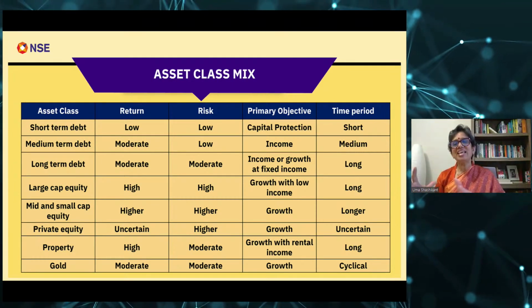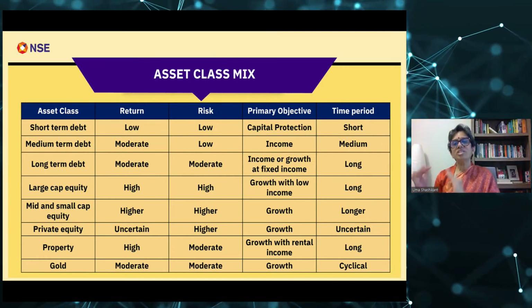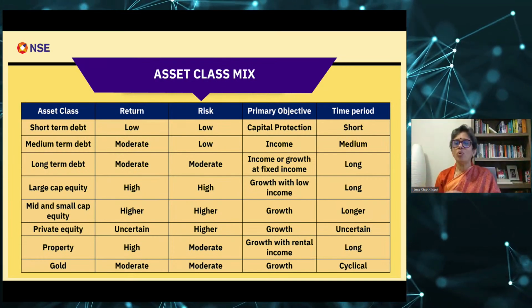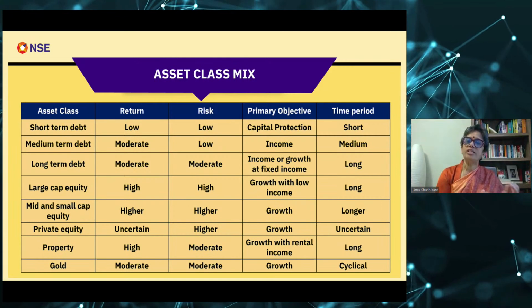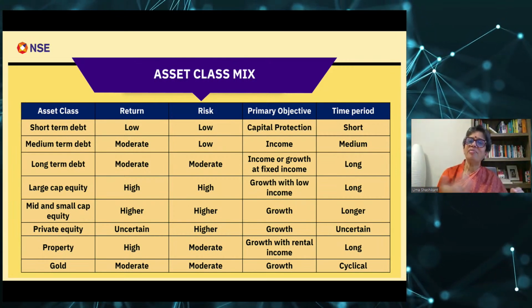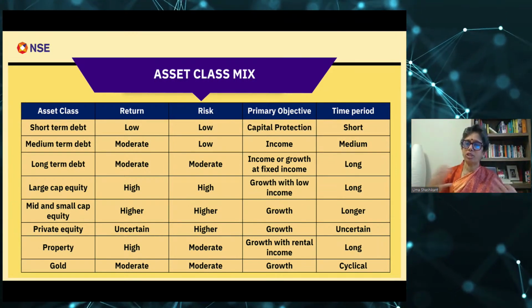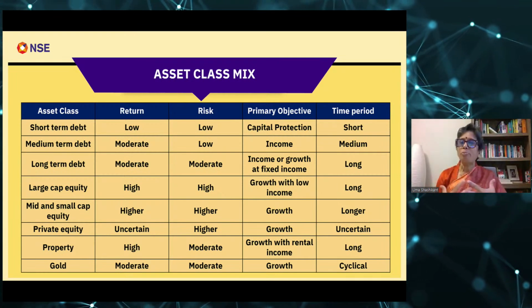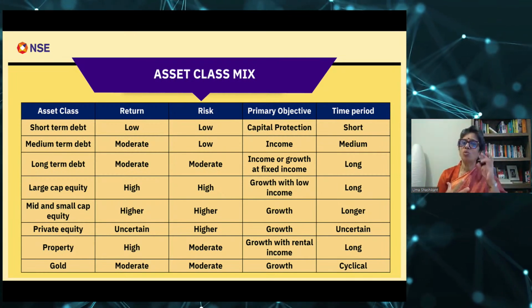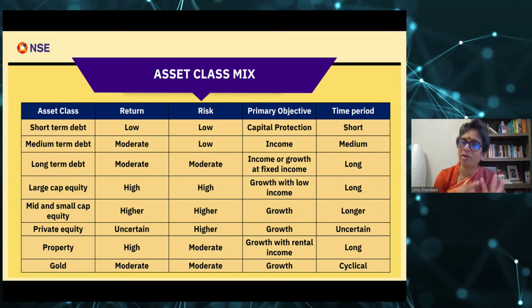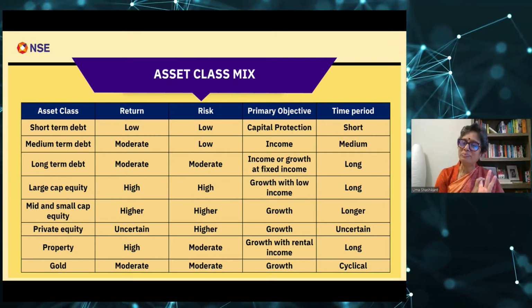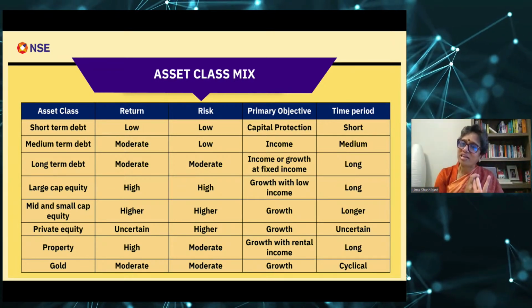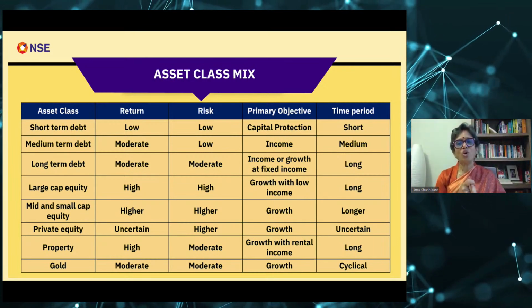Booking profit means taking money from a market which has appreciated, pulling that money out and putting it in something else which is safer and steadier than the risk in the market. So when you build a portfolio, you want to combine products keeping these three things in mind: your goals and your needs, your requirement for income and growth, and your ability to tolerate risk.